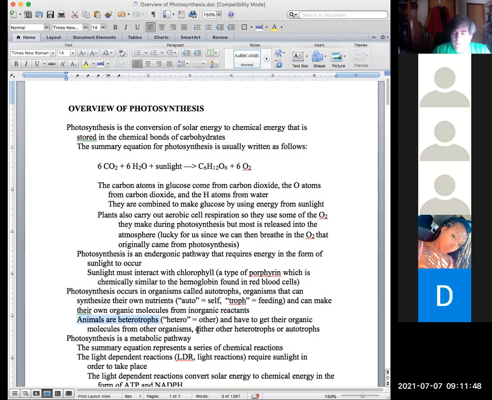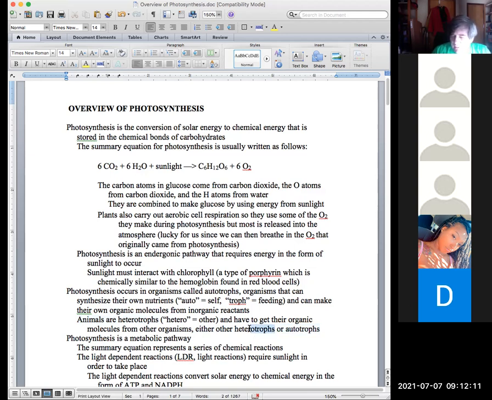If you were an autotroph, you could go out, lay on your front lawn, and save your lunch money today. But you have to eat organic molecules that other organisms have made. So you could eat a hamburger, you could eat another heterotroph, or you could have a salad. You could eat nutrients from an autotroph.